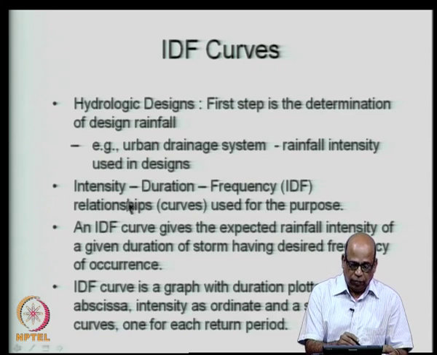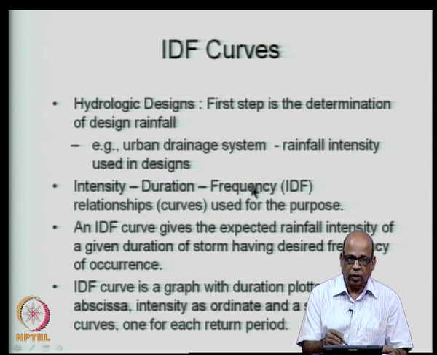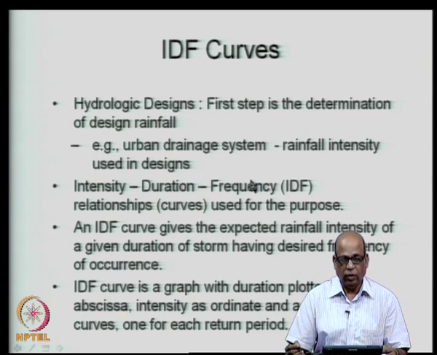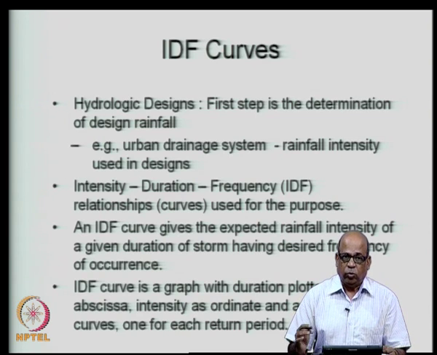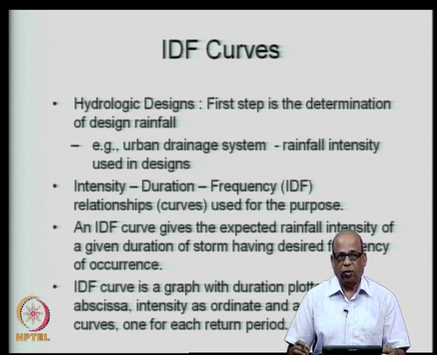So, once you fix the duration, we must have a relationship between intensity and frequency, and that is what we will do in the IDF relationships. The IDF relationship gives the expected rainfall intensity of a given duration having a desired frequency of occurrence.